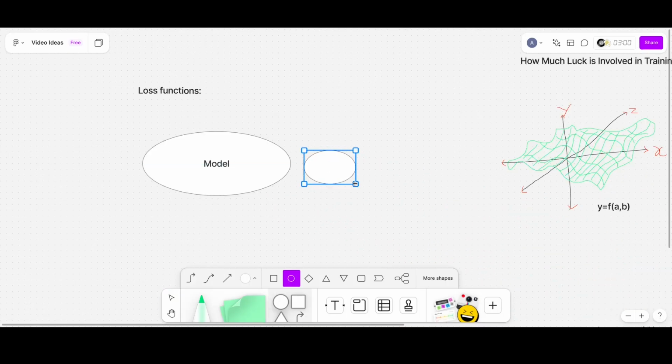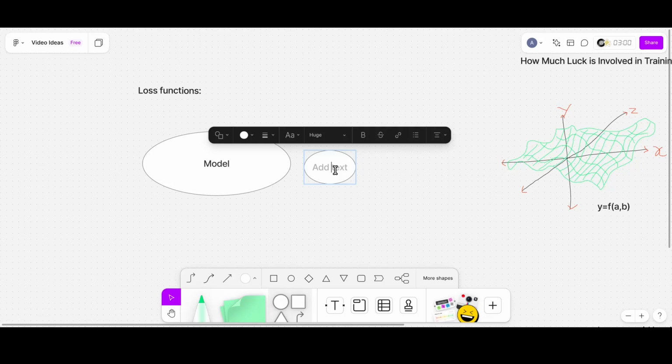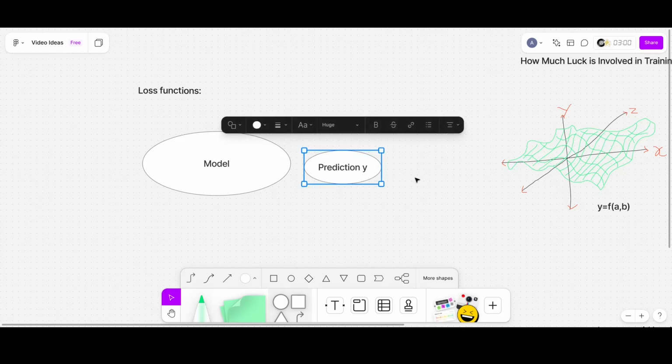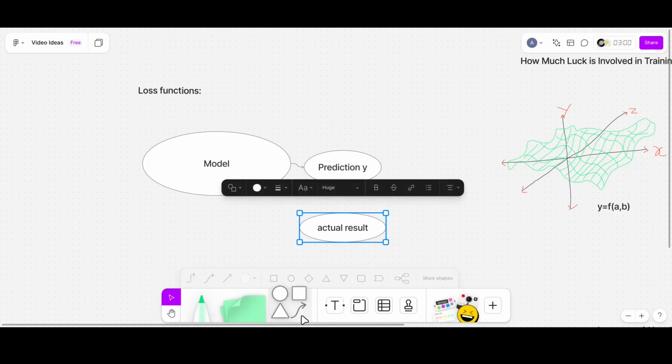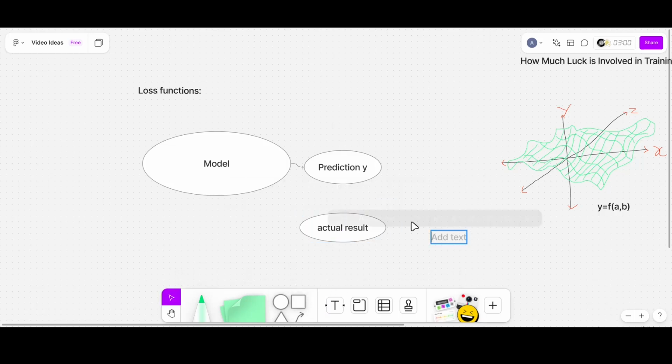So whenever a model makes a prediction, especially in supervised learning, it needs to be compared with the actual result. And basically, the difference between these two values is what loss is.